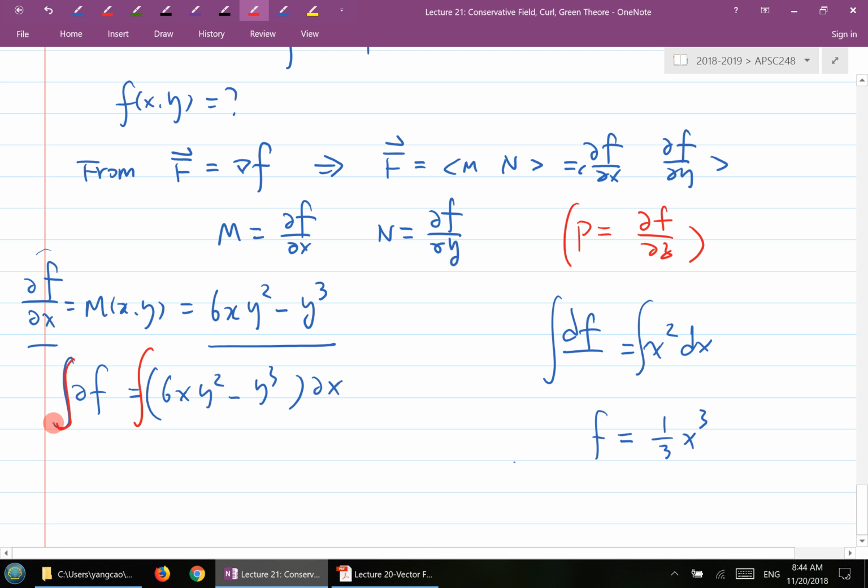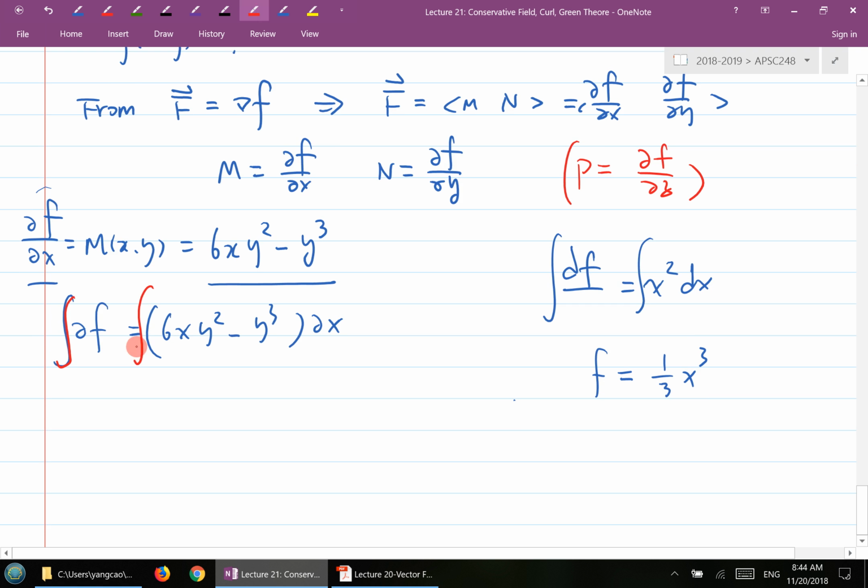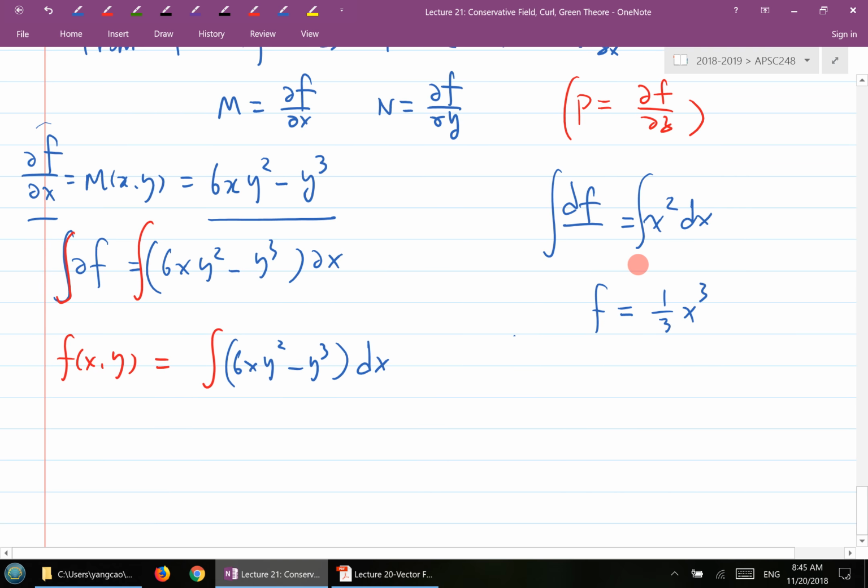But when you do the integration at this step, you're treating y as a constant. If you do the integration, this side is the integration of df, so you get back to this function f. And this integration here, let's rewrite it: the integral of 6xy squared minus y cubed dx. When you do this integration, you're treating y as a constant.